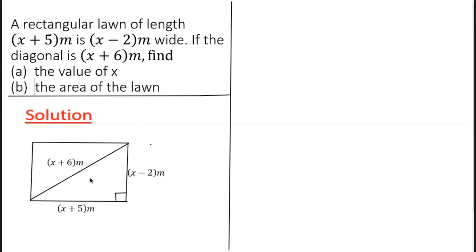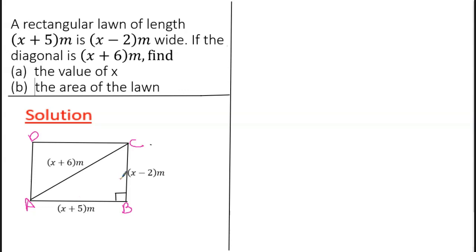Now when you look at the properties of a rectangular shape, all the angles are equal, and each angle is 90 degrees. Let's label the rectangle. This is point A, point B, C. So the diagonal divides the rectangle into two equal halves.